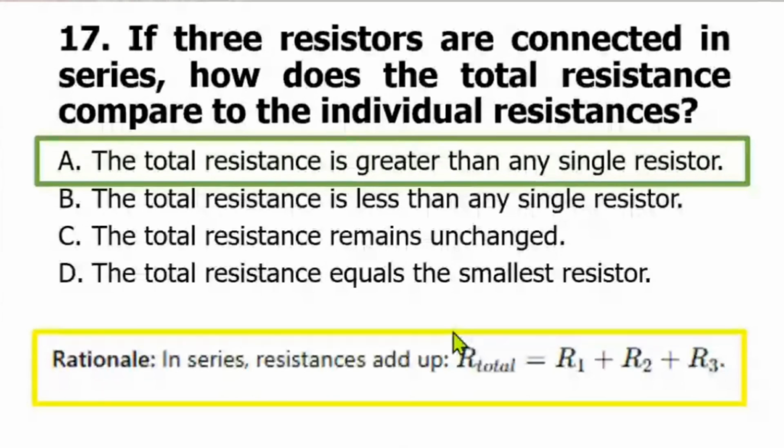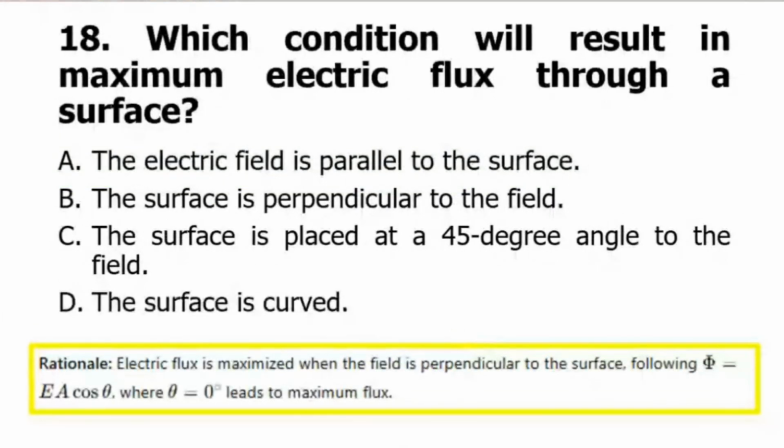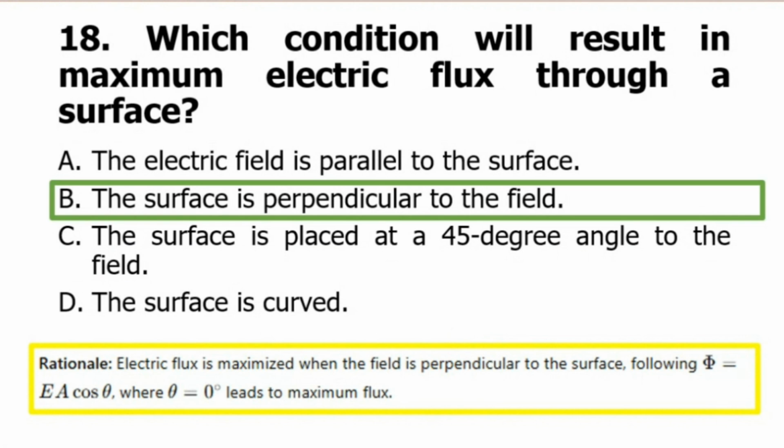Now, next one is number 18. Which condition will result in maximum electric flux through a surface? Is it A, B, C, or D? The correct answer is letter B. The surface is perpendicular to the field. Remember that electric flux is maximized when the field is perpendicular to the surface. So we are being asked about the maximum electric flux in this problem.